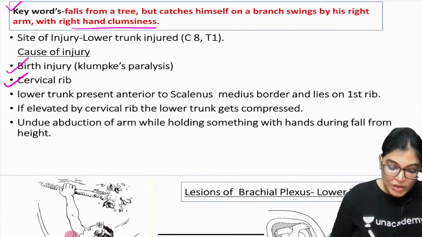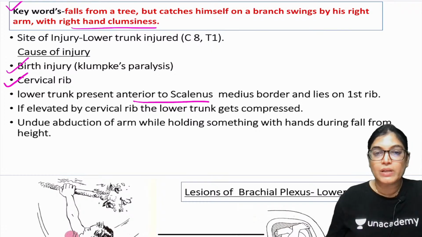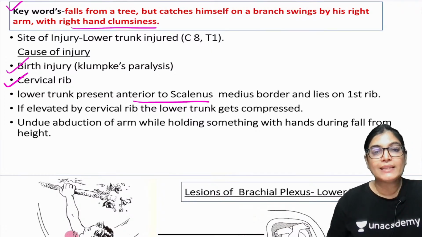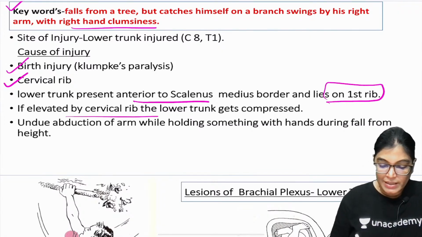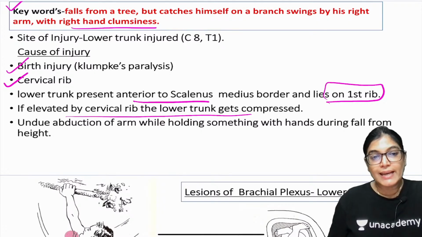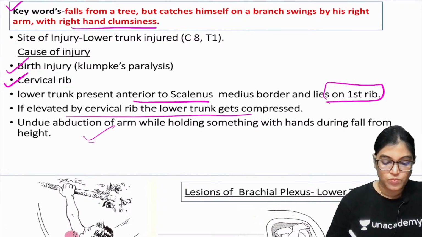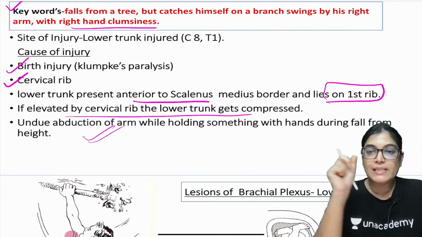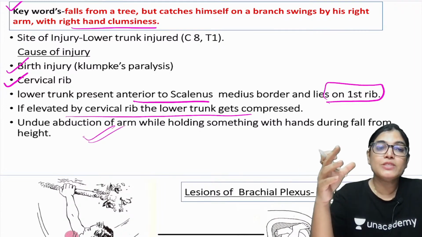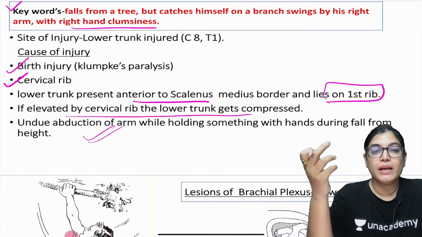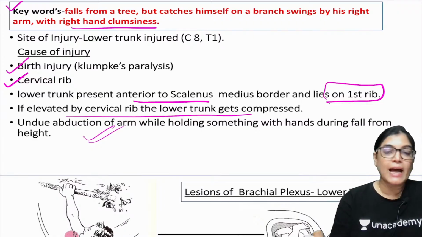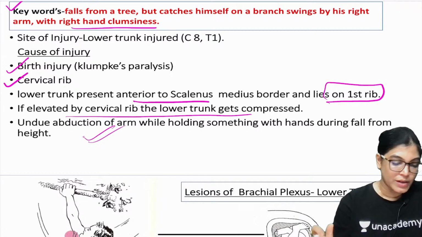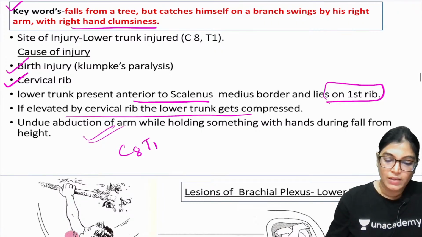Lower trunk lies anterior to the scalenus medius border and is located on the first rib. So it is elevated by cervical rib and lower trunk can get compressed. So undue abduction occurs. Whenever there is a cervical rib, or a person is falling and then holding a branch of a tree to save himself, in that case there is over abduction, undue abduction of the arm, and this will lead to lower trunk palsy and involvement of C8 and T1 nerve roots.